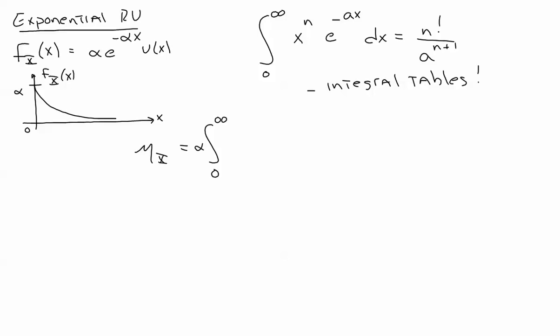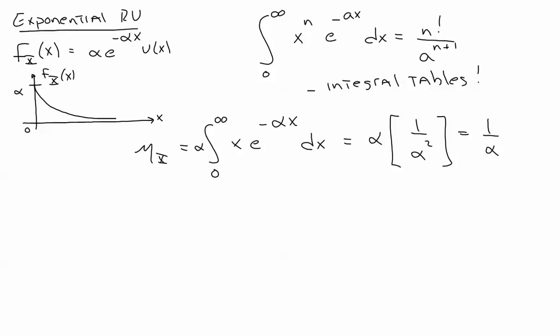Alpha can come out front. x e to the minus alpha x dx. And using my integral table relationship, that's alpha times 1 over alpha squared. That's just 1 over alpha. That's the mean value of an exponential random variable.